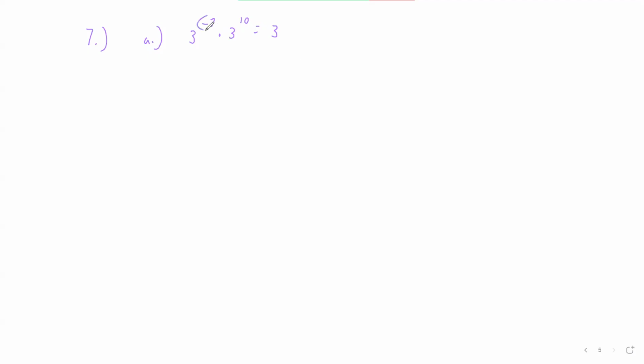Perfect. So -7 plus 10 would be 3. Remember, you don't actually multiply the numbers. They stay a 3. Do watch out for that. But then, because this is a number, what is 3 to the 3rd power? 27.